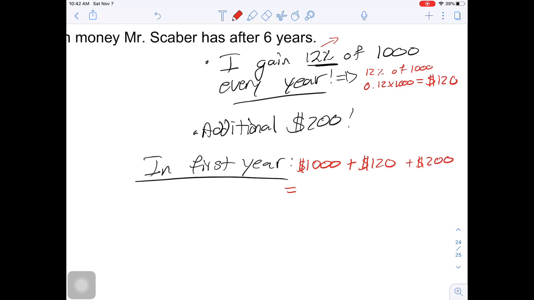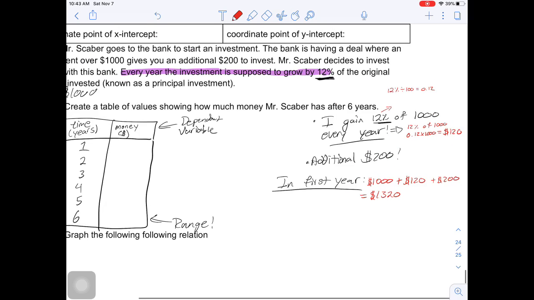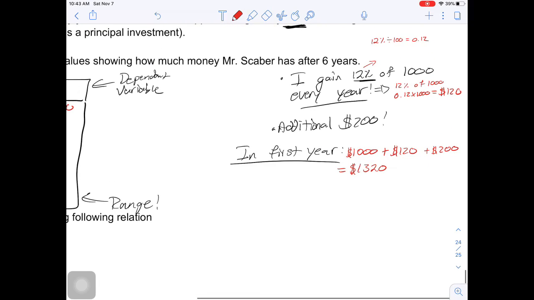And what is that going to equal? Well, 1,000 plus 120 plus 200 gives me $1,320.